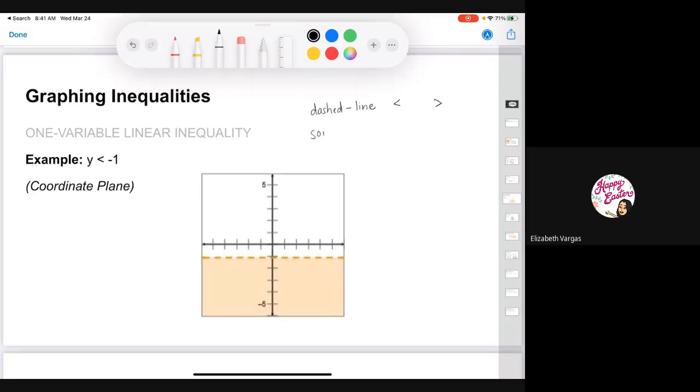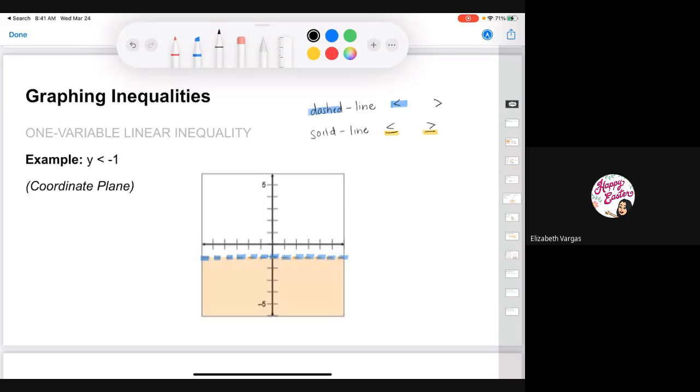And we'll have a solid line whenever we see greater than or equal to or less than or equal to. Whenever we see these symbols that represent or equal to, that's when we know to use a solid line. Because in this instance we see this symbol being used, we know we need to use a dashed line. And that's why you see this line being used, which represents that dashed line.